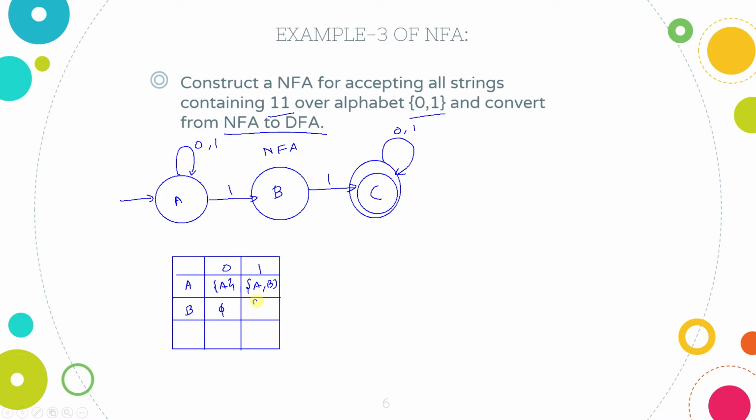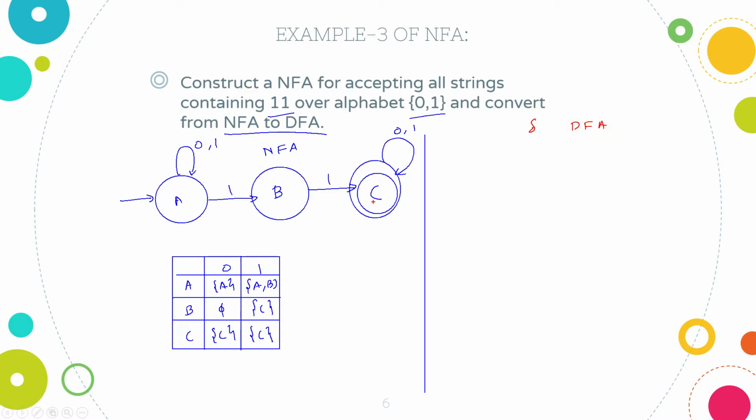You go to state C. Alright. Now what about state C? You get 0 or 1. It doesn't matter. Okay. You will be still in state C itself. Okay. So this is the transition table for NFA. Now let's do the transition table for DFA.